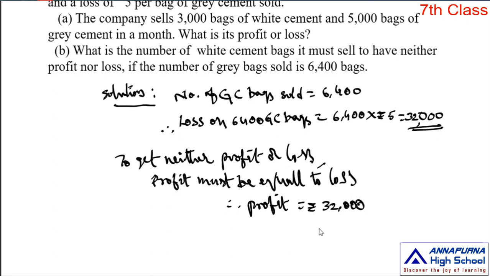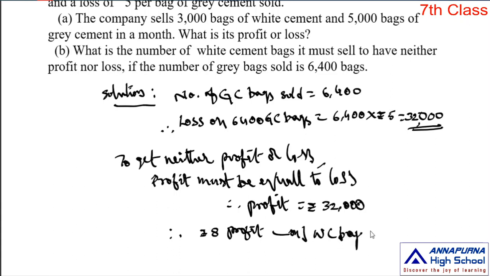Now, we know that for every one white cement bag sold, how much is the profit? 8 rupees. Therefore, we are getting 8 rupees profit on selling one white cement bag.